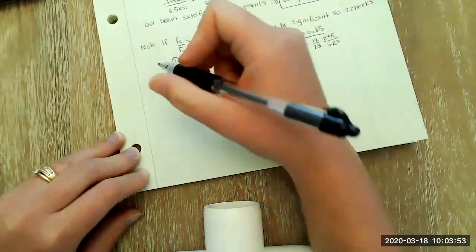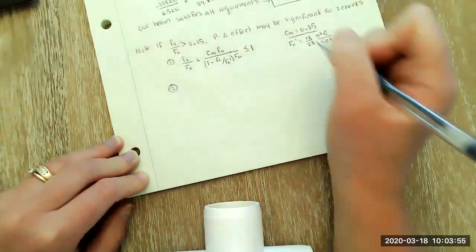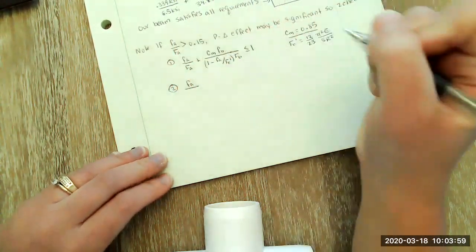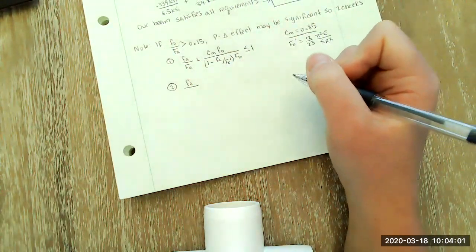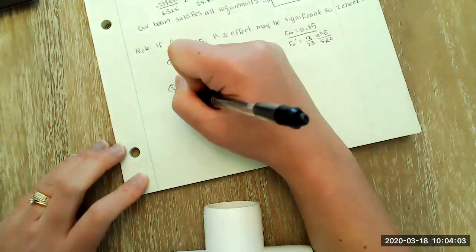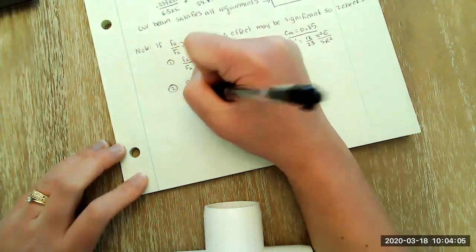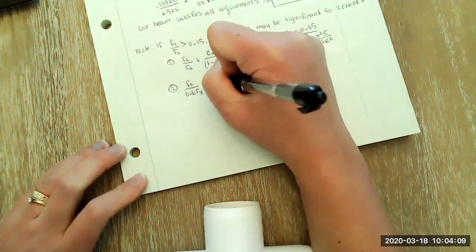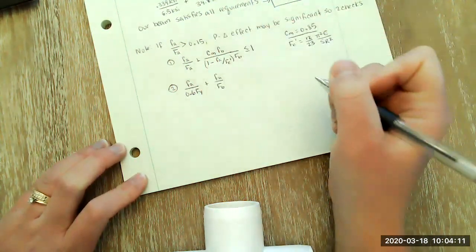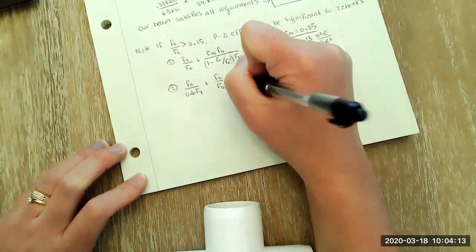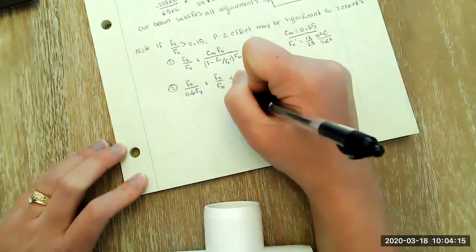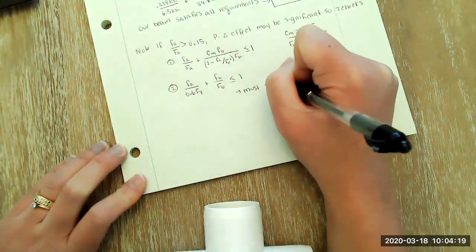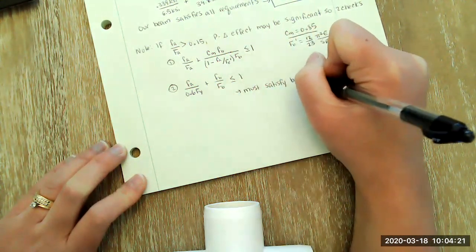The second check you have, if the P delta effect is important, is that the ratio of your actual compressive stress to 0.6 times your yield strength plus the ratio of your actual to allowable bending stresses is less than or equal to 1. You must satisfy both requirements.